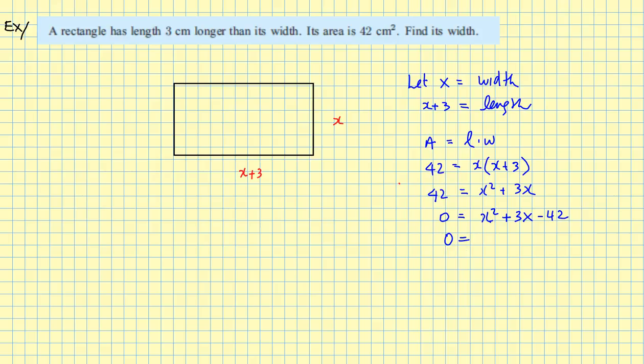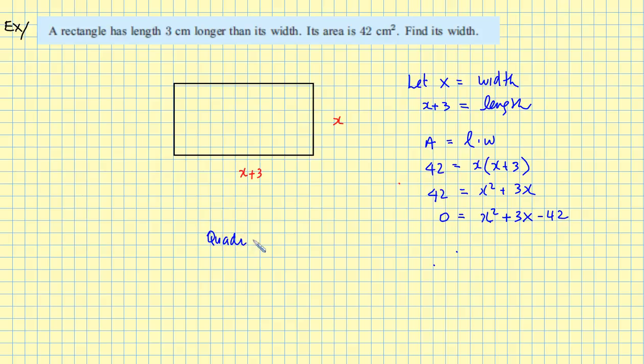I can't think of any two numbers again off the top of my head, so I will use the quadratic in this case as well.